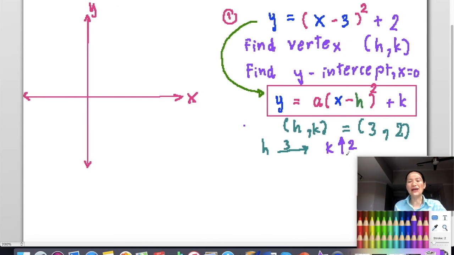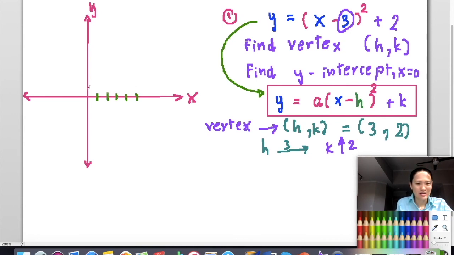Now we know that our vertex equals (h, k), so it's (3, 2). Again, you have to focus here: the symbol here has to be minus, so that means our h equals 3. Now let's plot the graph.